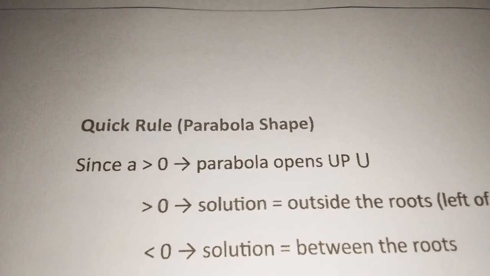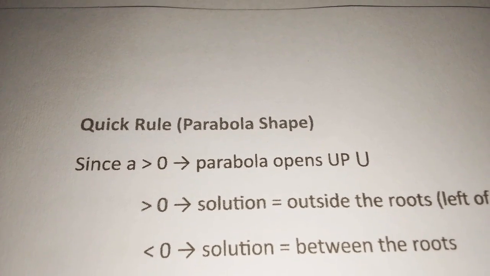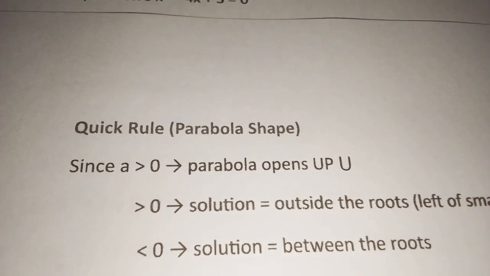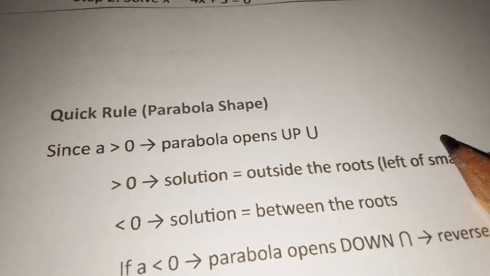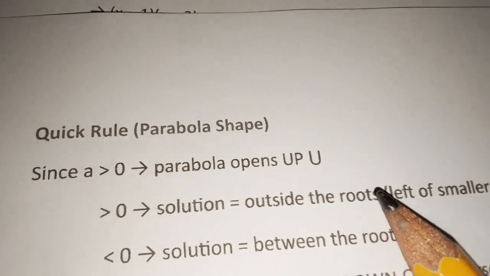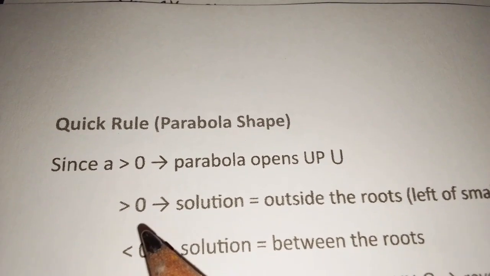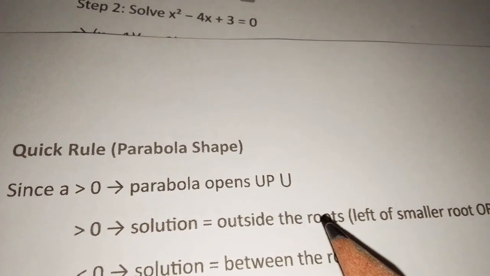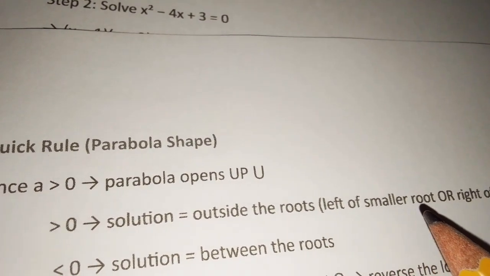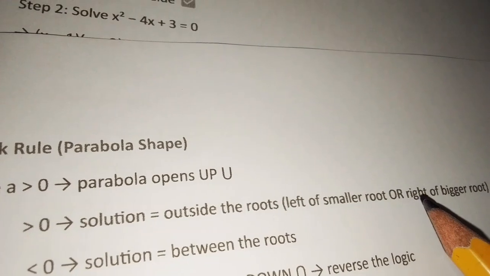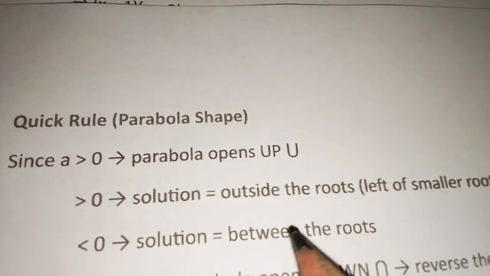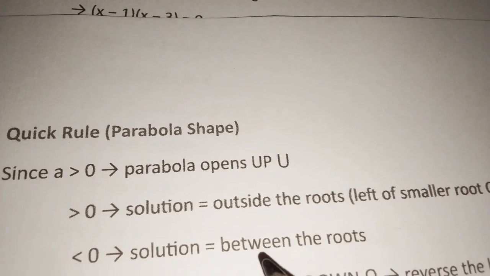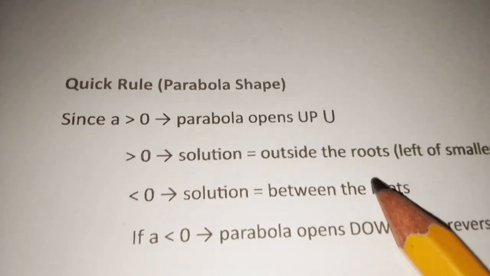If a is greater than 0, the parabola opens up. Then the solution is outside the roots, left of the smaller root or right of the bigger root. If a is less than 0, the solution is between the roots.